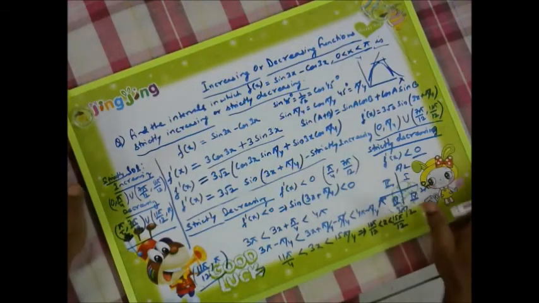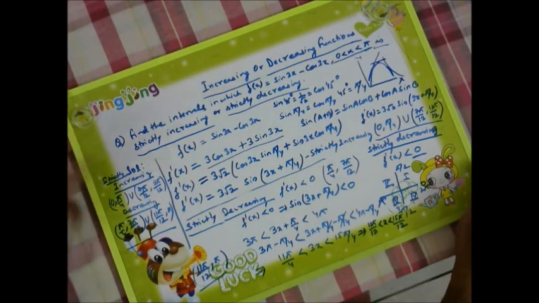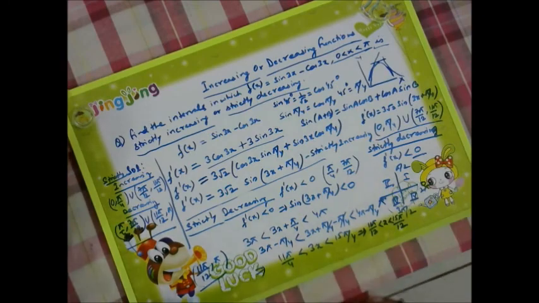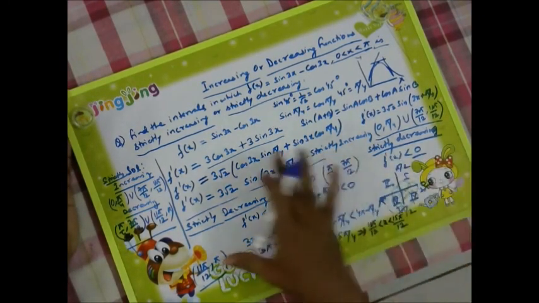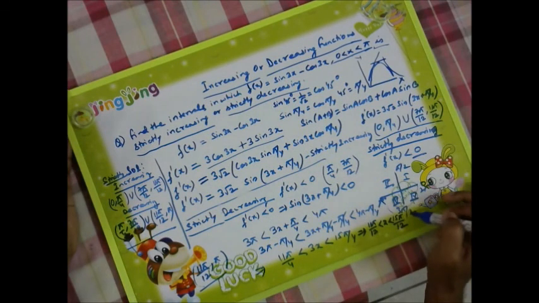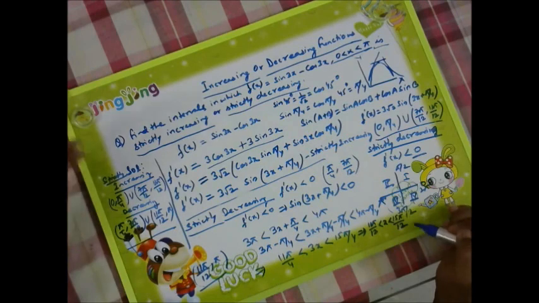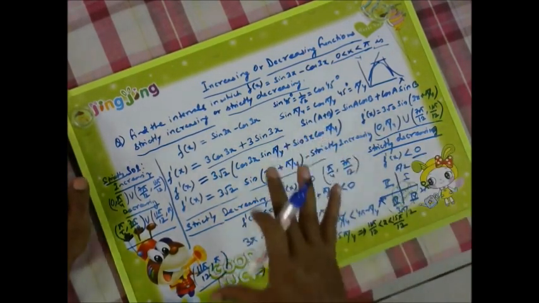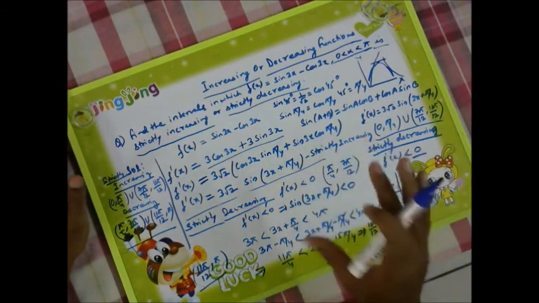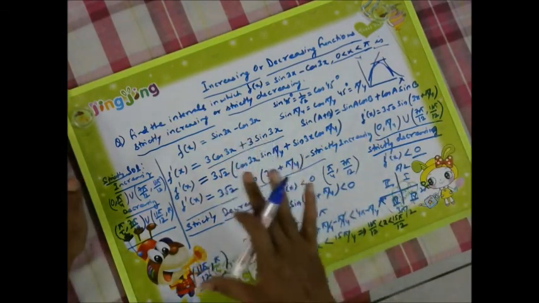Actually, one question of this type of increasing or decreasing function needs a complete exposure to differentiation, and then quadrants in which angles are, whether it is positive or negative, everything will come into the picture. And a good knowledge of trigonometry, good knowledge of trigonometric formulas, is also required here.